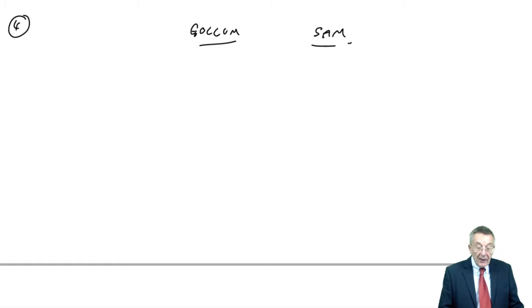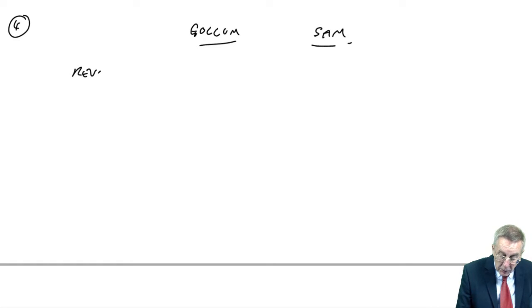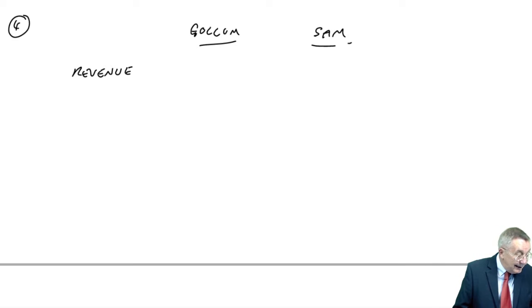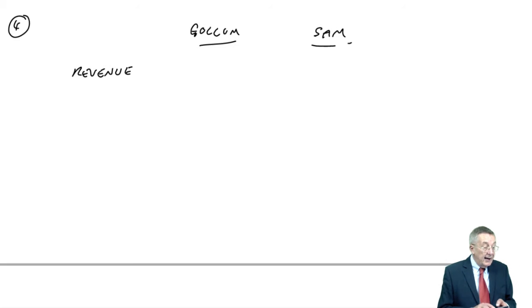Well, let's do a statement for each of them. I'll do them side by side, Gollum and Sam. First of all, how much revenue are we earning from each? I'll use the same format as a suggestion in 6.2 at the top. How much revenue from each? Gollum placed 5 orders of 100 pairs.